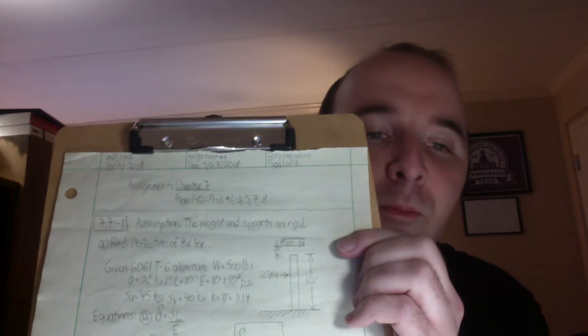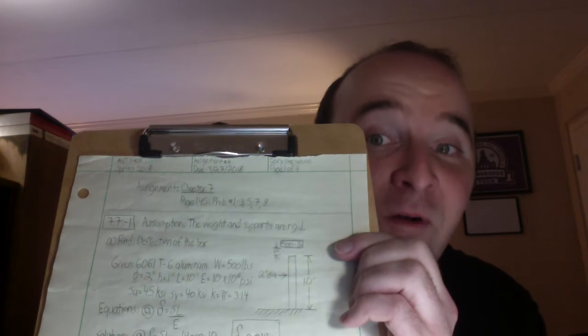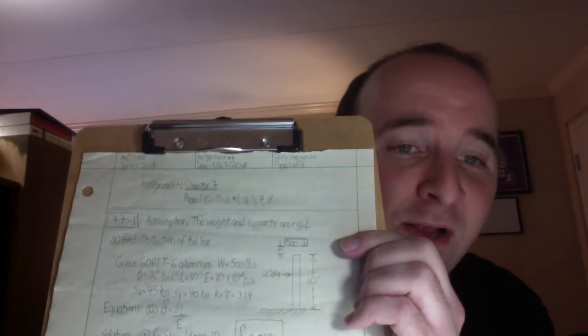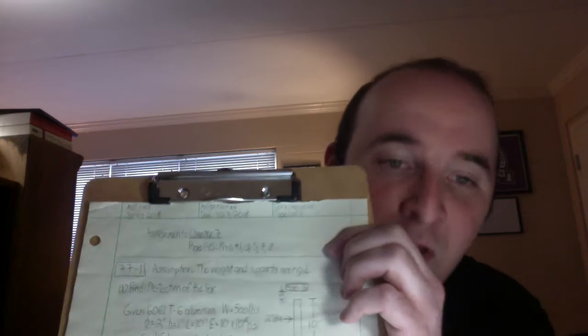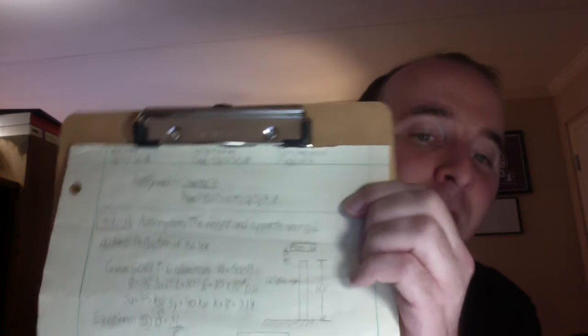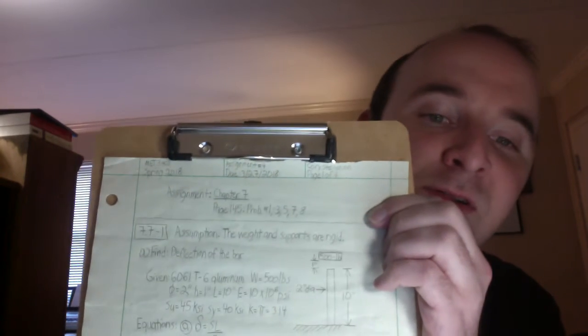And so a basic format for solving any physics-related problem basically is you write down any basic assumptions given in the problem. You then write down what you're asked to find. Like in this example, it's deflection of the bar.